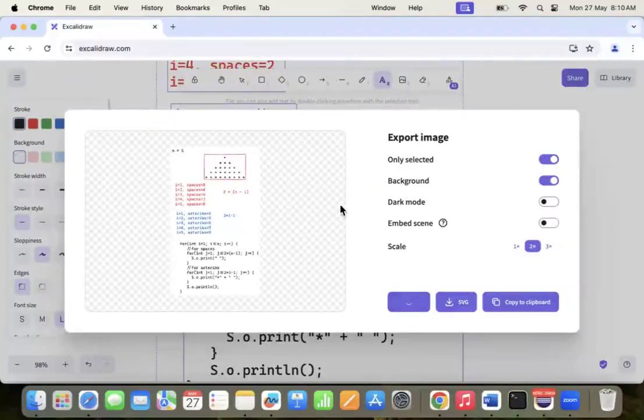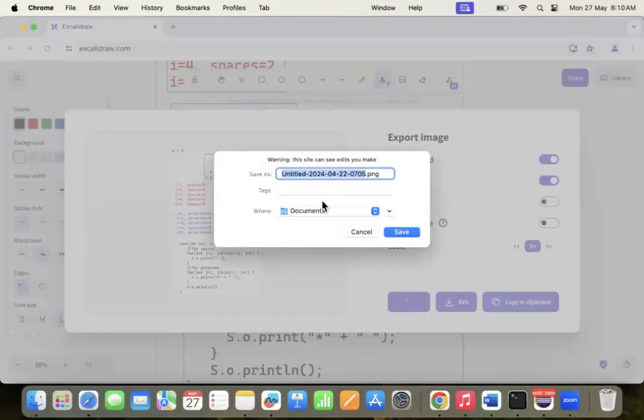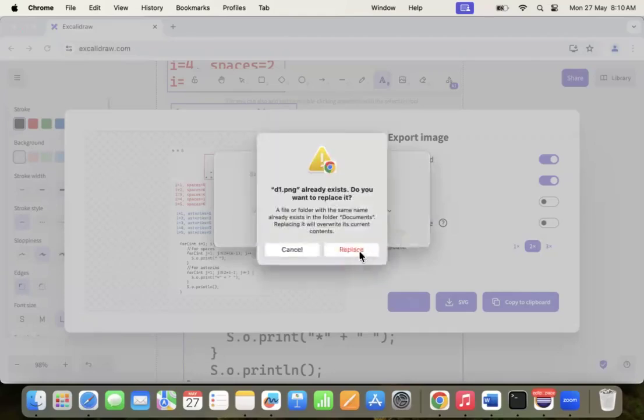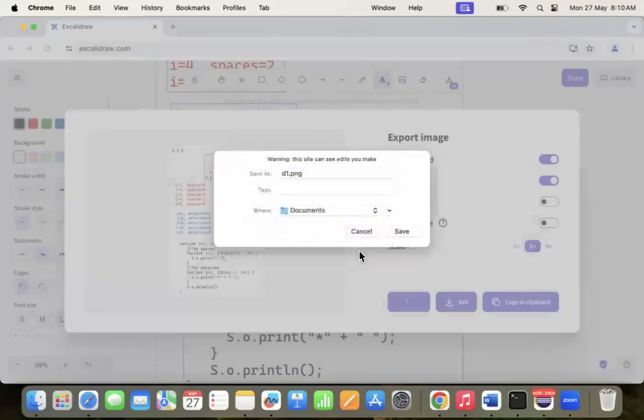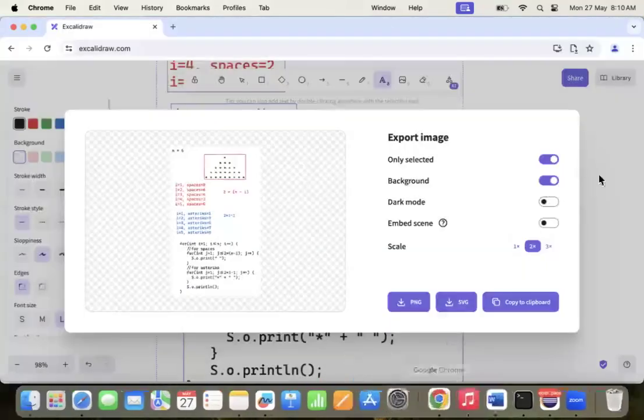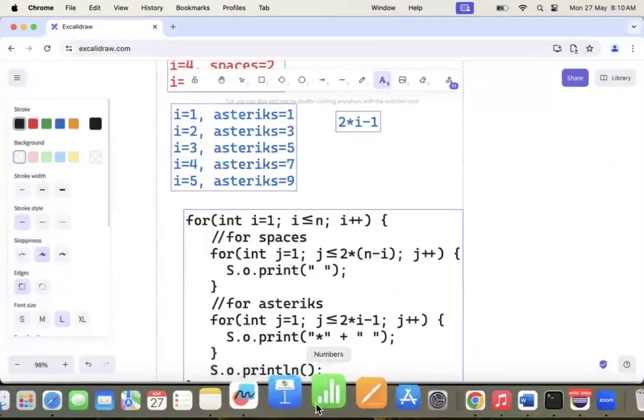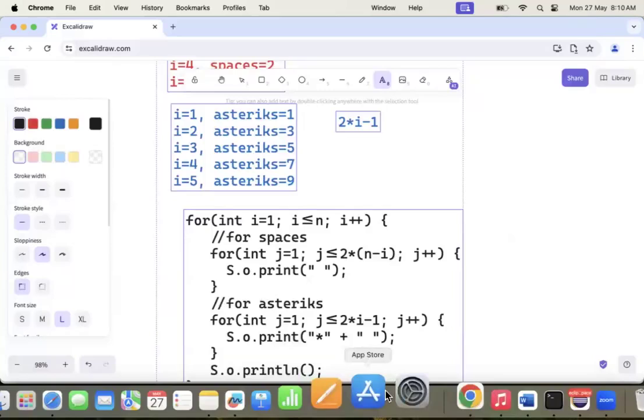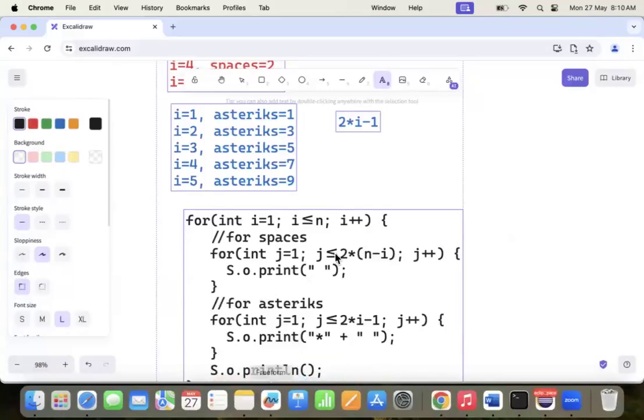I will export it like an image. Okay. And I can do one thing, folks. In the chat, I'll send this image file.